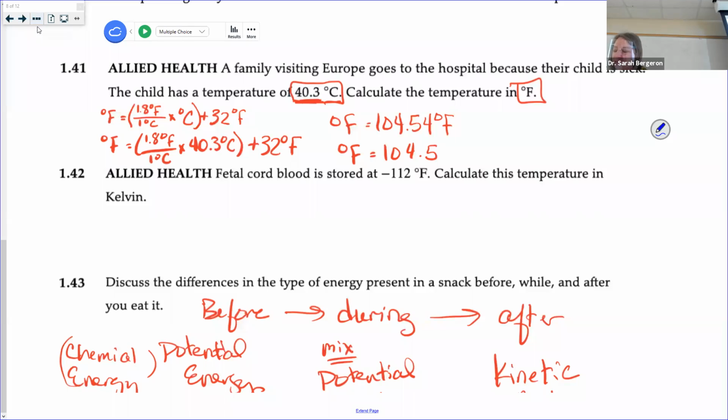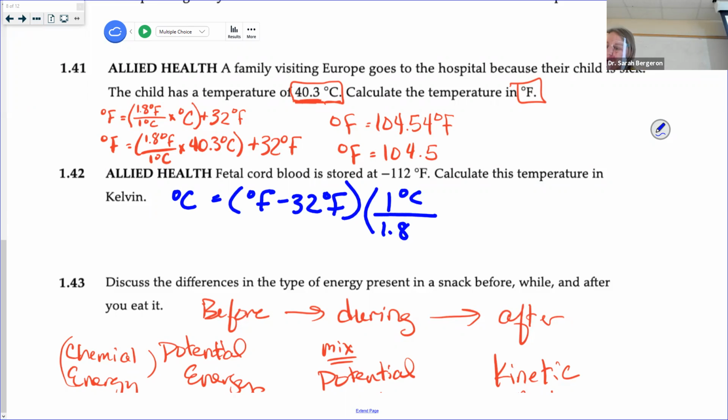What was our final answer for 1.42? It shouldn't be 14. So if we did our calculation right, it was degrees Fahrenheit minus 32. I think we did some kind of division wrong. 1 degree C over 1.8 degrees F, right?